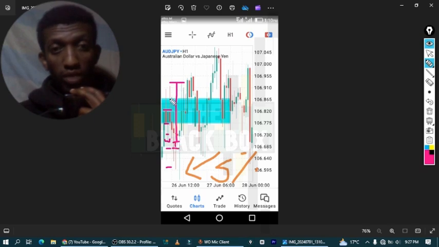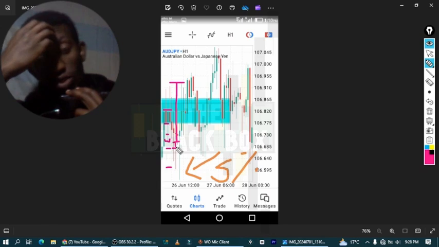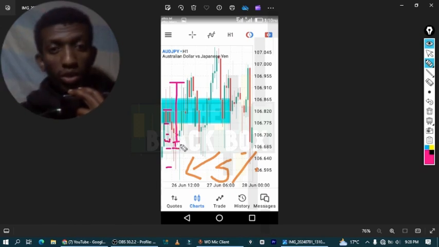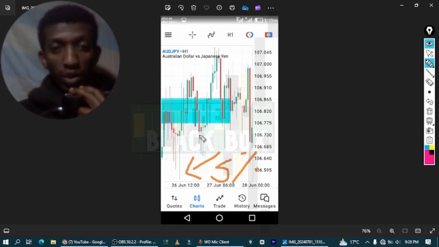As you can see, this is my risk and this is my reward. It's quite the opposite. We need this to be the opposite. The risk should be small and the reward should be huge, but in this case the risk is very huge. So what does that mean? We abandon this setup. It is gone.